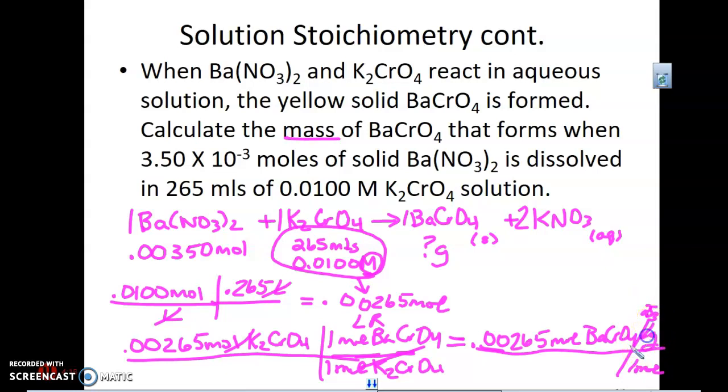Okay, so 253 times 0.00265, and theoretically what we should get is 0.67 grams of barium chromate. And again, that's theoretical. You could do it in lab, get the actual, divide by the theoretical, times 100, and that would be your percent yield.